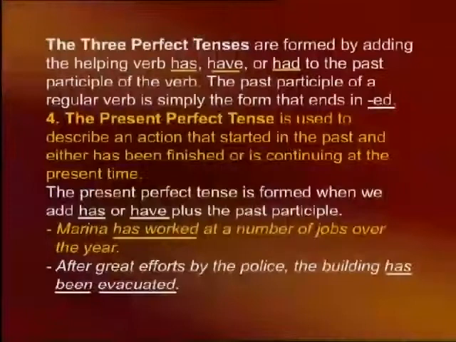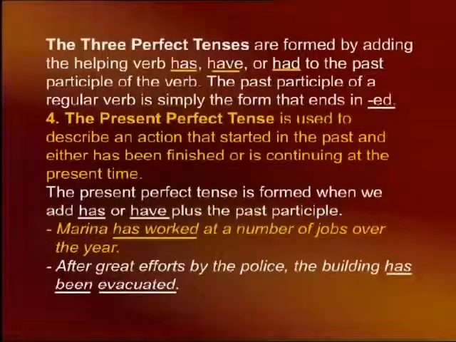the perfect tenses. Now, there are three perfect tenses. The first one, the perfect tenses are formed by using the helping verb have, has, or had, and you add them to the past participles of the verb. And you know, the past participle of a regular verb is simply the form that ends in ed. Let us look at the present perfect tense.